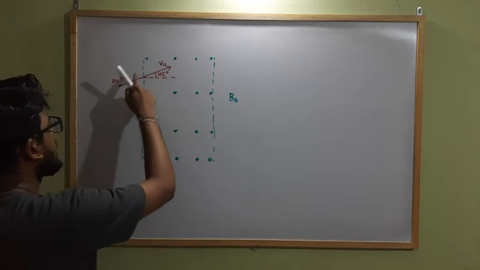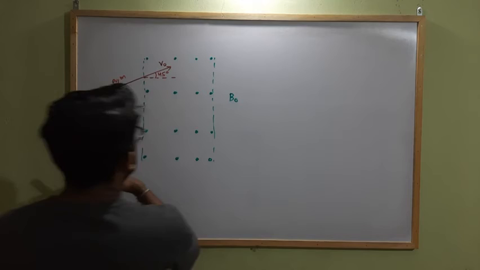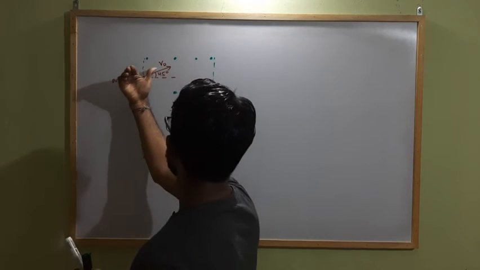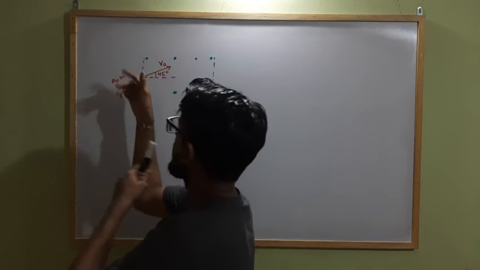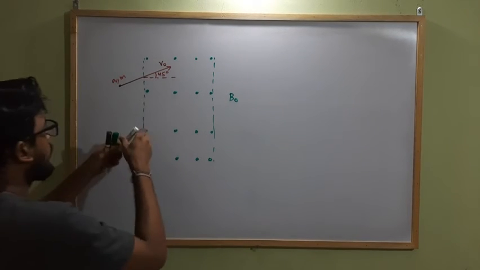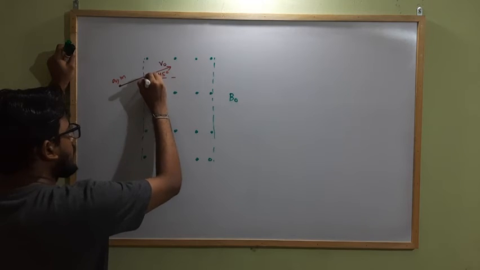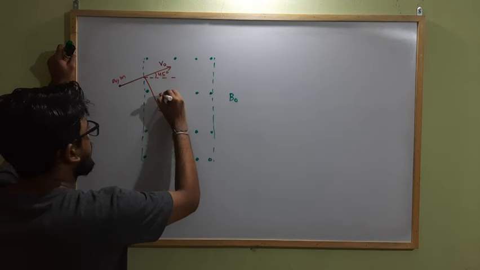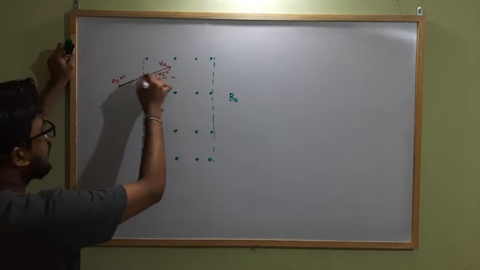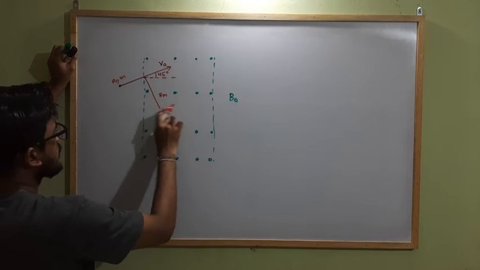As here we can see the magnetic field is directed out of the plane, and the direction of velocity of the charge is like this. So the palm shows the direction of magnetic force acting on the charged particle, which is perpendicular to the direction of velocity. So the force will be along this direction, Fm. So the charged particle will move in a circular path, with center O dash.